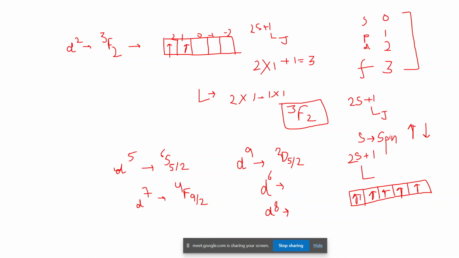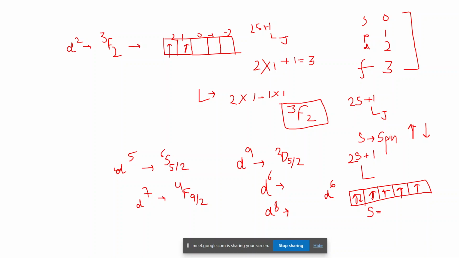So here you can fill the 6 electrons, as we are talking about the d6. Now what will be the spin? Here we are talking about the total spin.